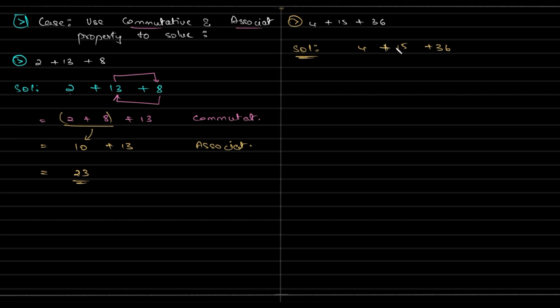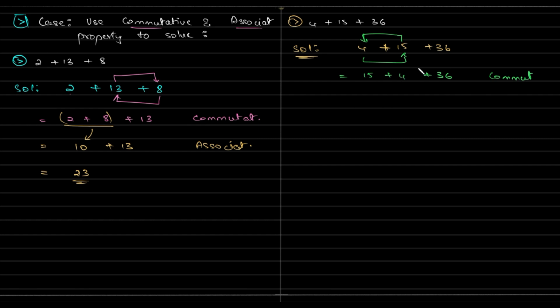So we are looking at 15 and 36 to be shifted, or let me shift the other way around. So I'll shift 15 and 4 and 36 will be there itself. This is as per your commutative property.